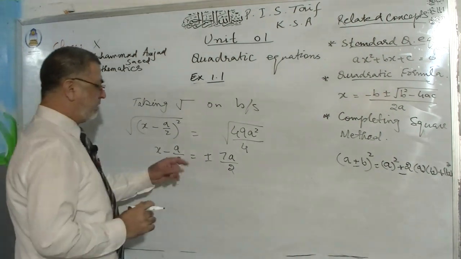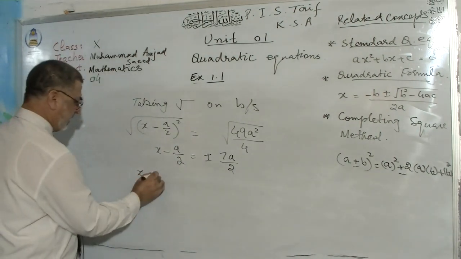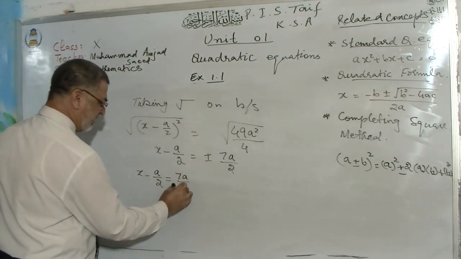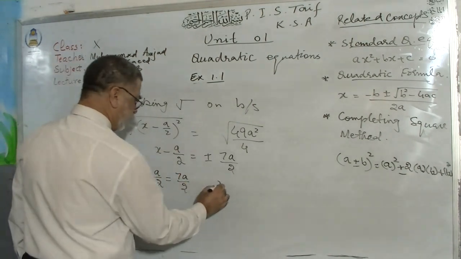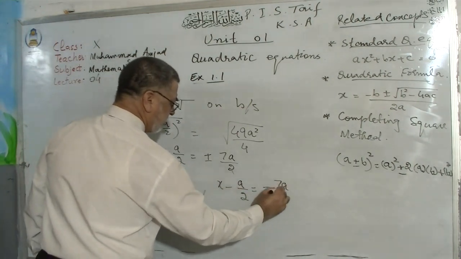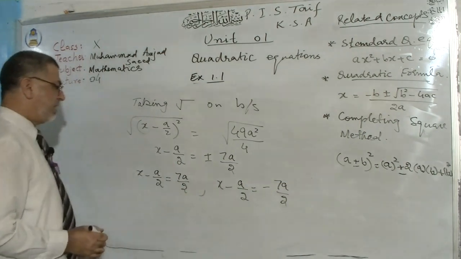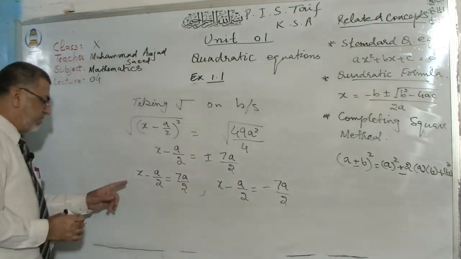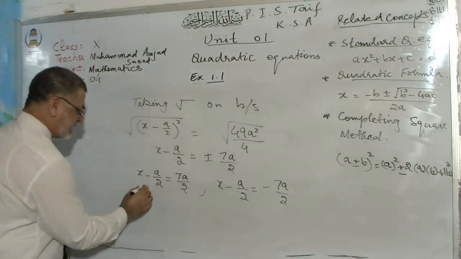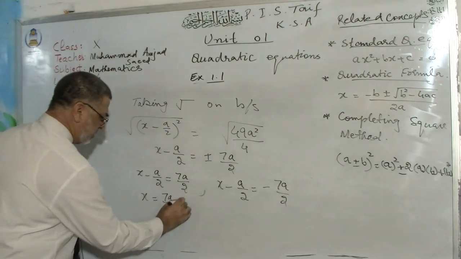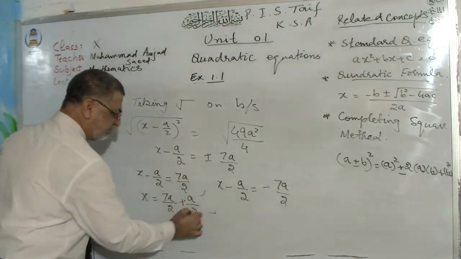After that, we will write x minus a over 2 once as positive 7a over 2, and x minus a over 2 once as negative. Once positive, once negative. Here you will bring this a over 2 to the right hand side. x is equal to 7a over 2 plus a over 2.